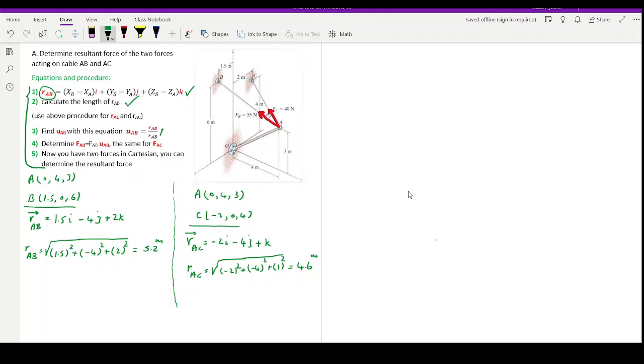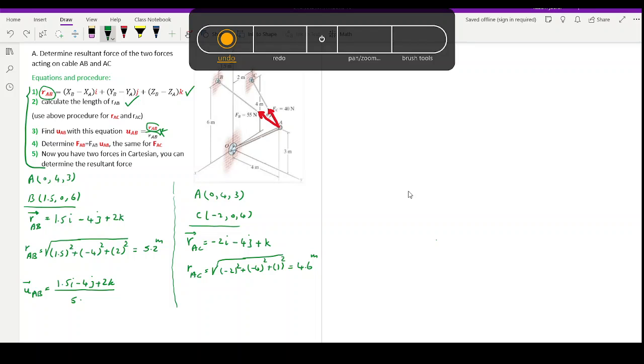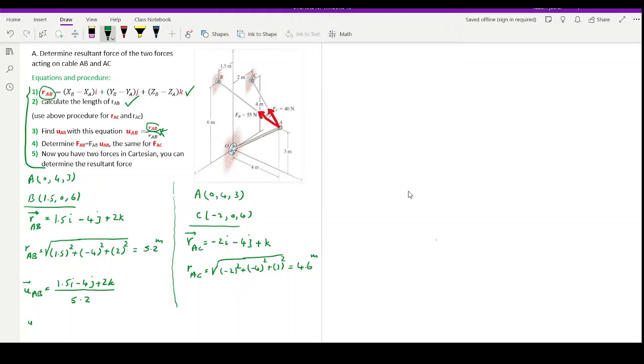Step 3, which is this one in here, says to find uAB. uAB is rAB, this Cartesian format, divided by the magnitude of rAB. Again, I will use this arrow to show it. So uAB is equal to rAB, which is 1.5 i negative 4j plus 2k, divided by 5.2 meters.